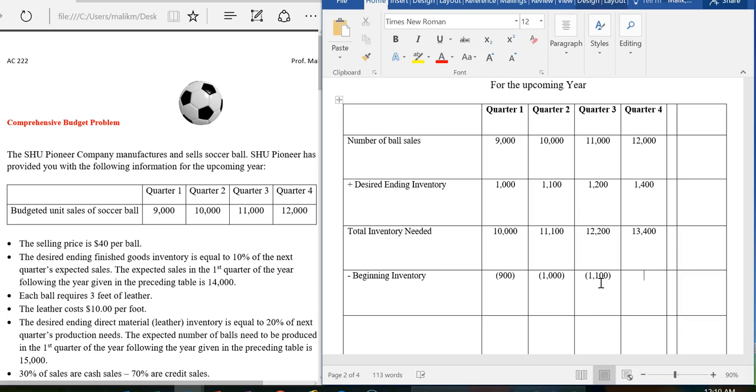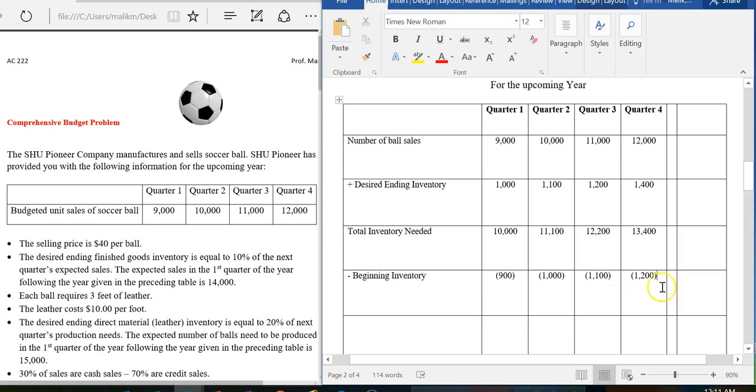Again, for quarter 4, the beginning inventory will be quarter 3's ending inventory, which we already see from this table, 1,200. That means we can easily figure out the beginning inventory based on our past quarter's ending inventory information. And this is how we found that quarter 1's beginning inventory is 900, quarter 2 is 1,000, quarter 3 is 1,100, and quarter 4 is 1,200.